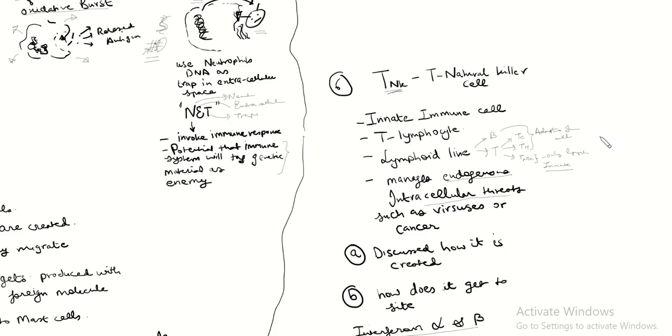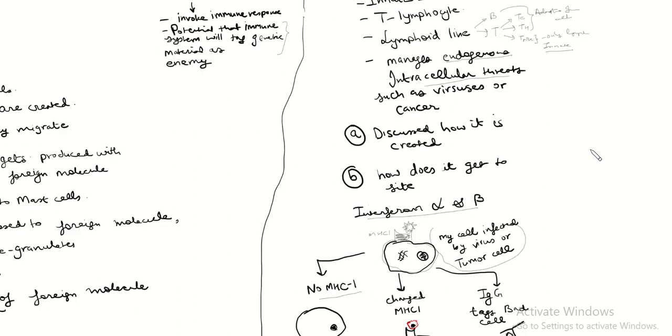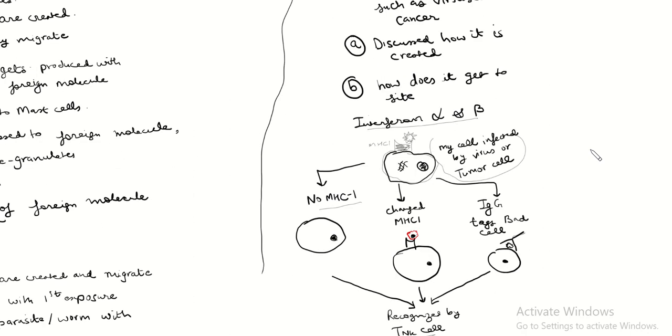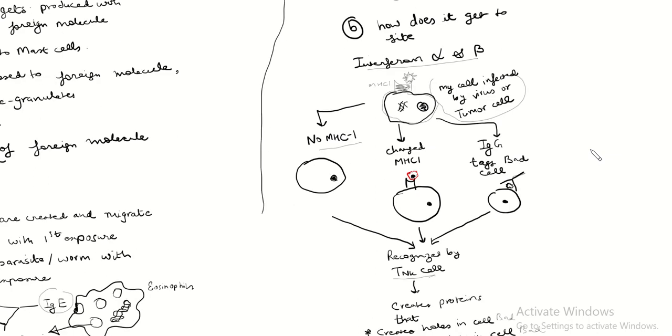And then last but not least, we talked about the natural killer cells, which get attracted to the site by interferons alpha and beta, which are released by cells that got infected with viruses or tumor cells. Once it's close to the bad cell, it checks and sees if the cell has no MHC, or an MHC1 that has changed, or is tagged with an IgG.